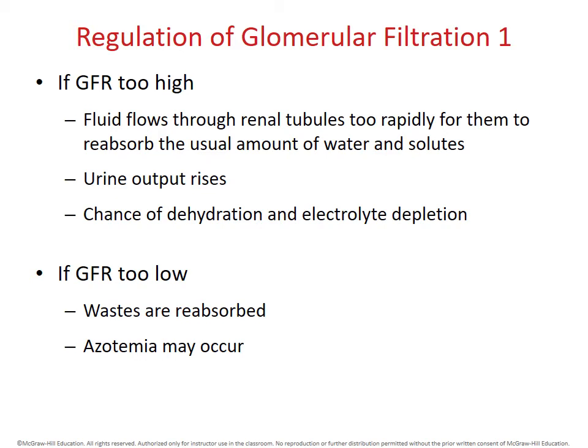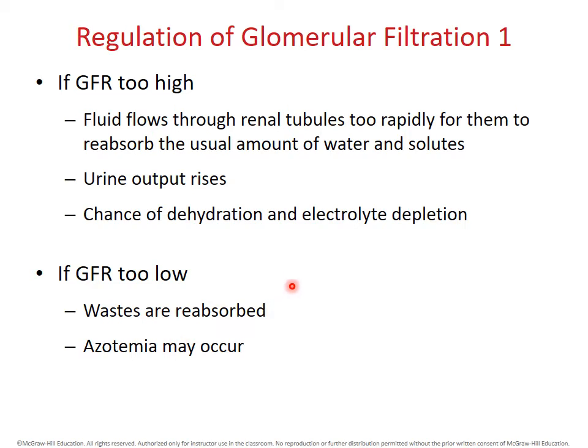And so the urine output rises, and if we don't reclaim as much as we need to by reabsorption, then we're going to lose too much water and too many electrolytes. And so the problem with excess glomerular filtration is dehydration, as we lose too much water in the urine, and electrolyte depletion.